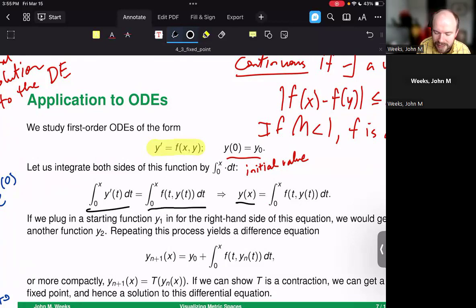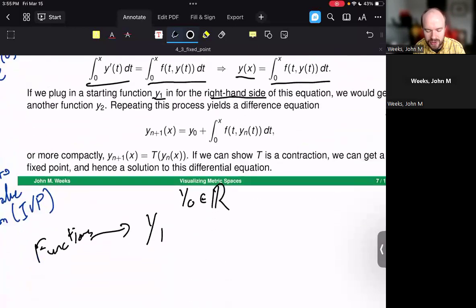But if we integrate this right-hand side now, replacing x with an integrating variable, t, so that we can integrate from 0 to x and not have any math police yell at us, then we're going to get the function y of x equals the integral from 0 to x of f of t comma y of t dt. We can plug in a starting function y sub 1 in for the right-hand side of this equation.